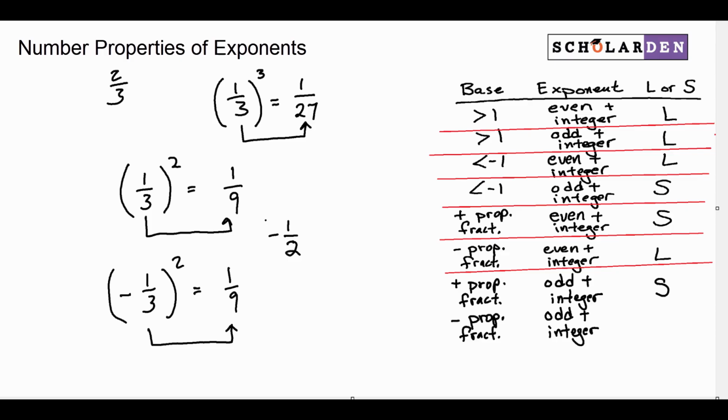And we want an odd positive integer, so that's going to be something like 3. And that's going to give us negative 1/8. So what happened there? We went from a negative 1/2 to a negative 1/8. Negative 1/8 is actually less negative than negative 1/2, so it's actually bigger. So the number went up, it got larger.